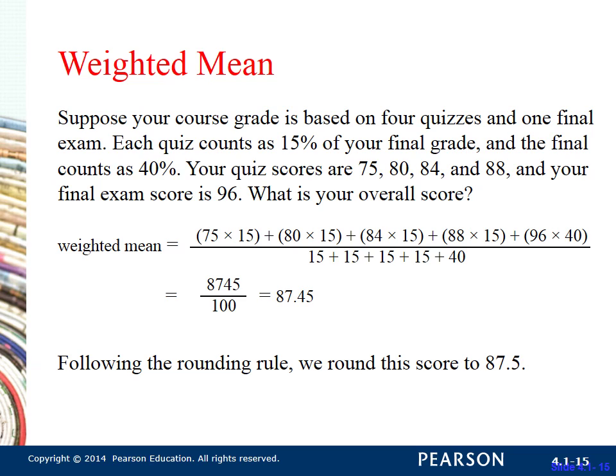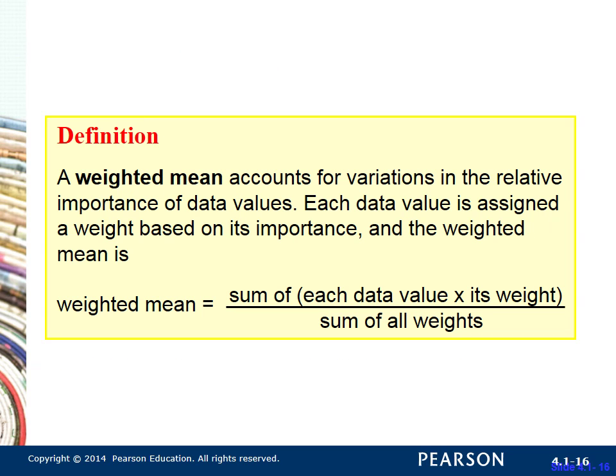So following that rounding rule, remember these are no decimal places, so we're going to round this to 1 decimal place. That's 1 degree of precision more than the data. So here's your little formula for the weighted mean. It accounts for variations in relative importance. So if you assign an importance to something, then you have to weight it according to that importance.